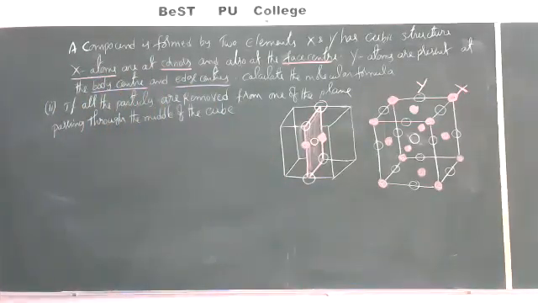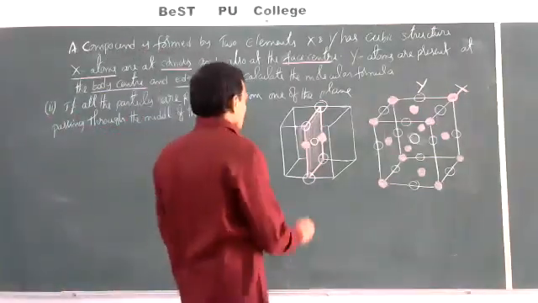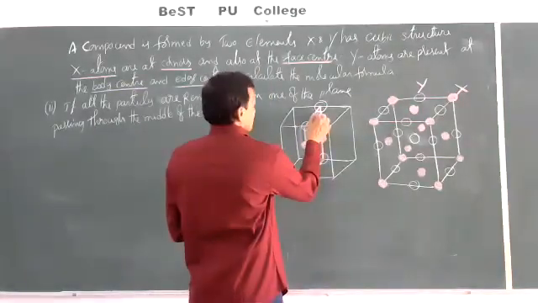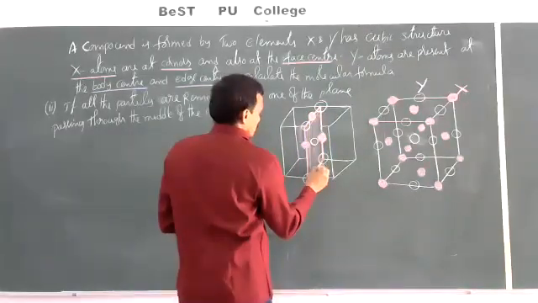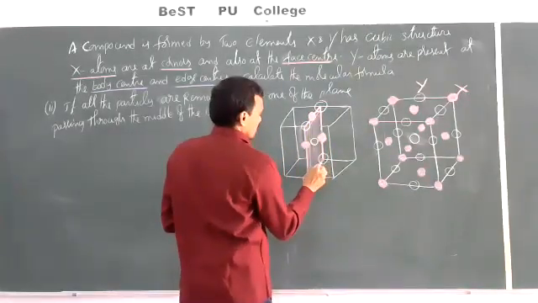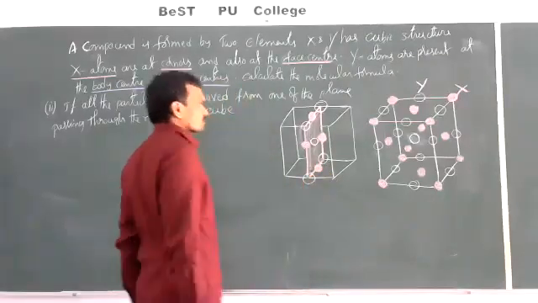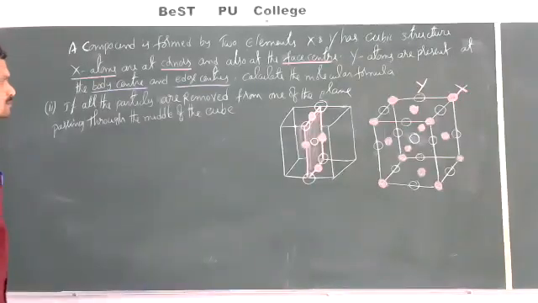Now these are the particles which are present on the plane, and one more here. Top face center will be there, bottom face center particle will be there. So these are the particles which you have removed.